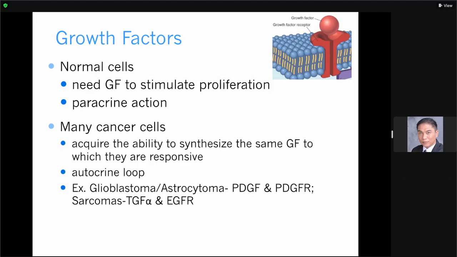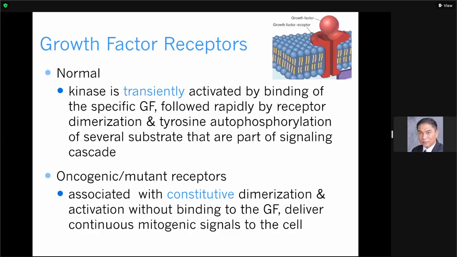So autocrine loop like in glioblastoma and astrocytoma, PDGF. They have PDGF receptor, they will make PDGF to act on the receptor. And in sarcomas, transforming growth factor alpha and EGFR. Parang doon na rin yung pinag-usapan natin kanina.